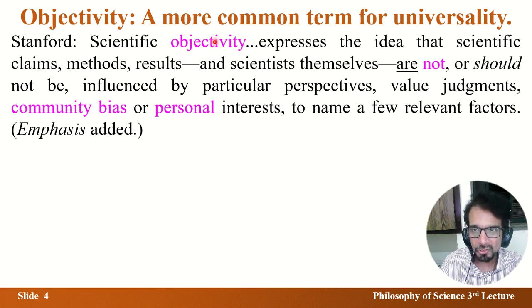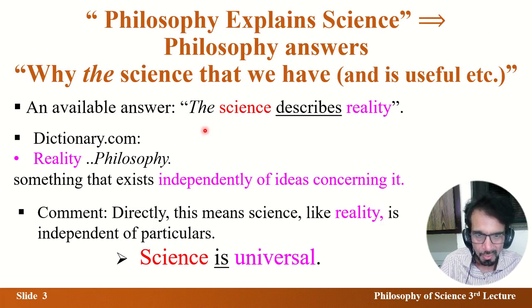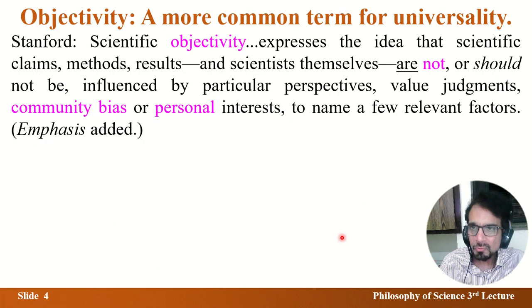First I take you to the definition of the word objectivity. You learn what the purpose of that is, and then I argue that the same purpose is achieved by the previous word universal as well. But if you are looking for a definition, you will get it more easily with the word objectivity.